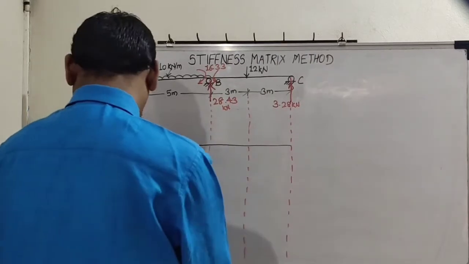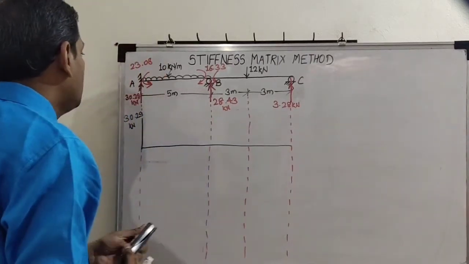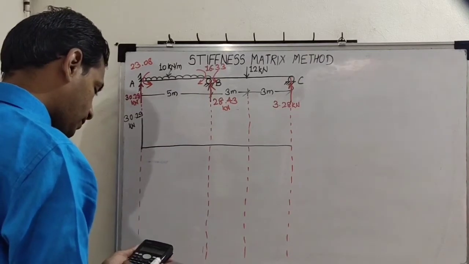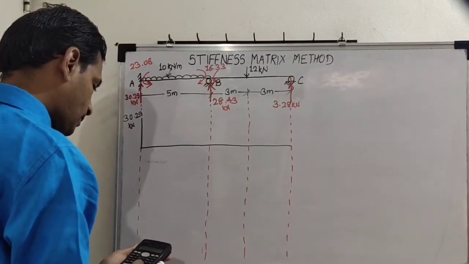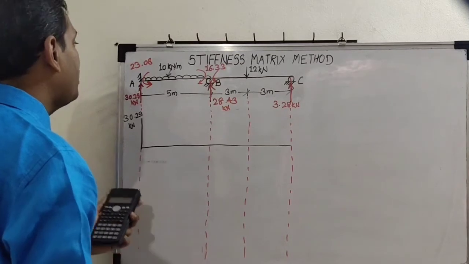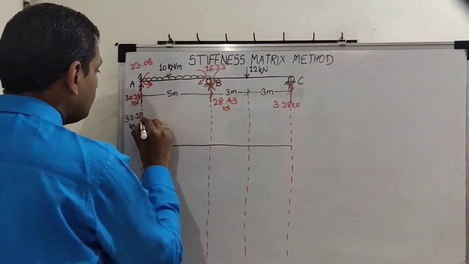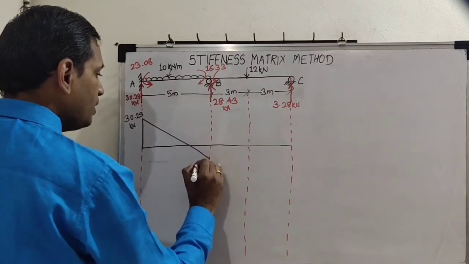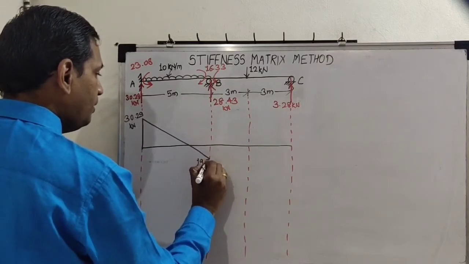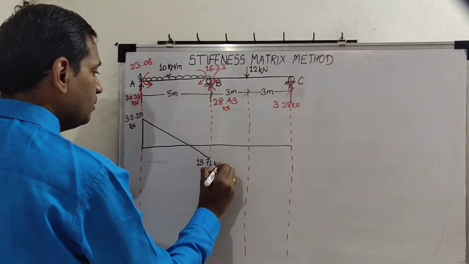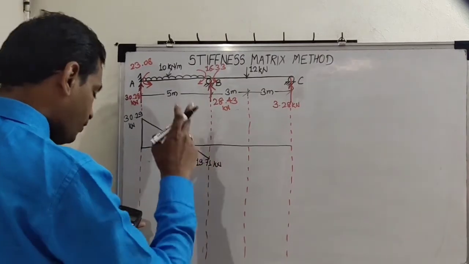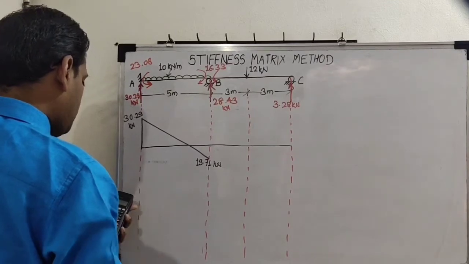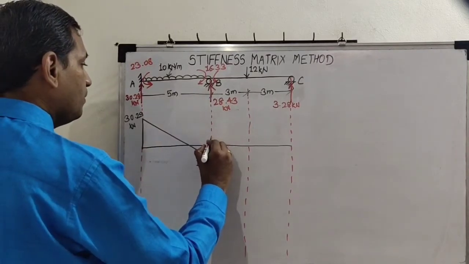Then 30.29 minus 10 into 5, so it is minus 19.71. Here, 19.71 minus 19.71 plus 28.43, so it is 8.72.